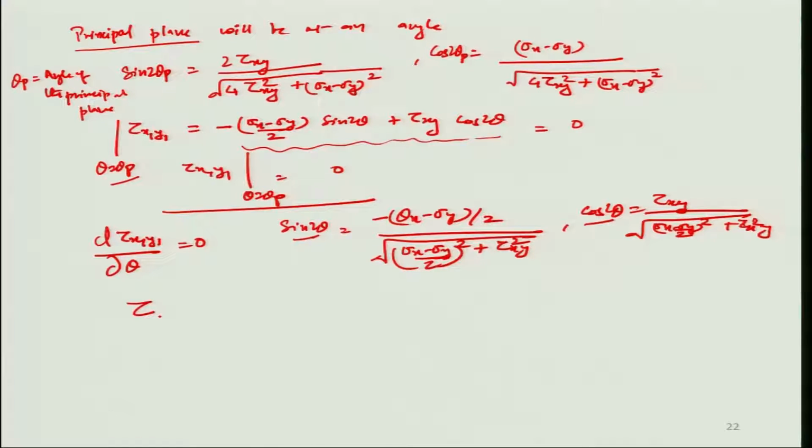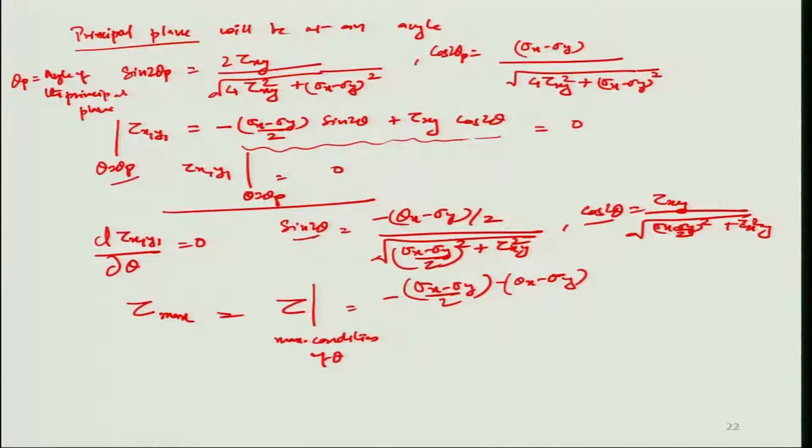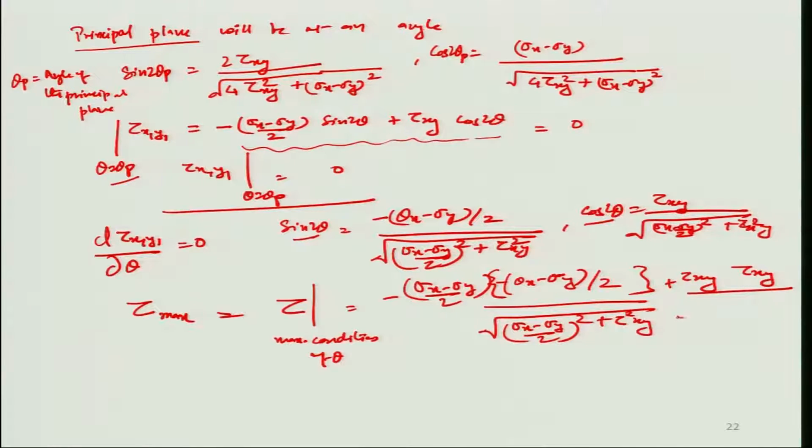Substituting these conditions of theta, that should be minus of sigma x minus sigma y by 2, times sine of theta, which is again minus of sigma x minus sigma y by 2 divided by root over sigma x minus sigma y by 2 square plus tau xy square, plus tau xy times tau xy divided by the same term.